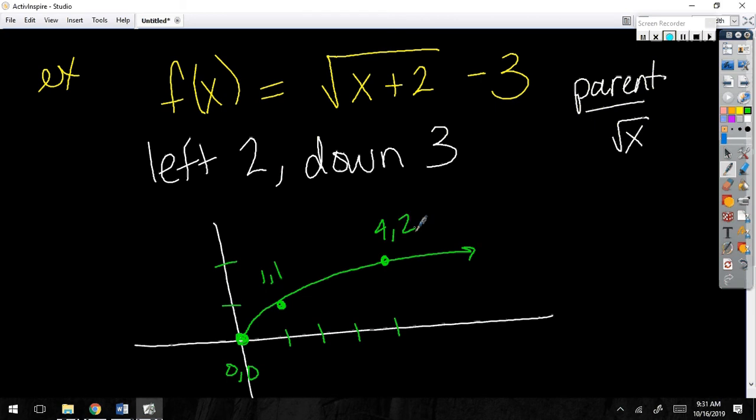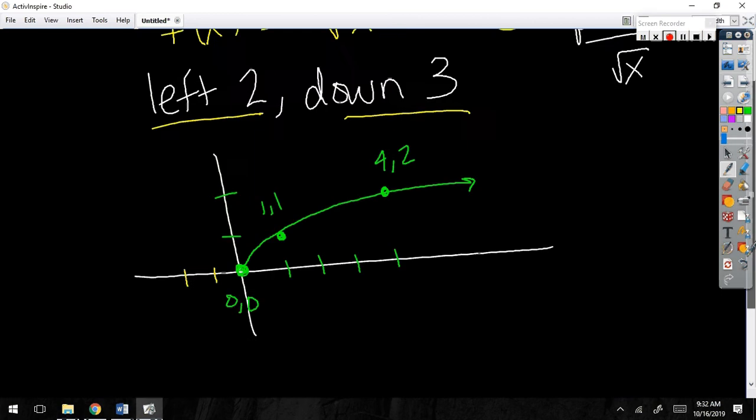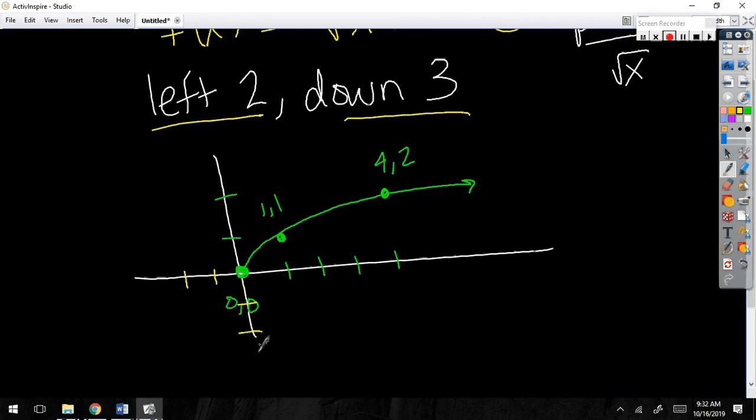Now this one shifts, and I'm going to do it in yellow since I wrote the equation. Every point is going left 2 and down 3. Left 2, down 3. Left 2, down 3.